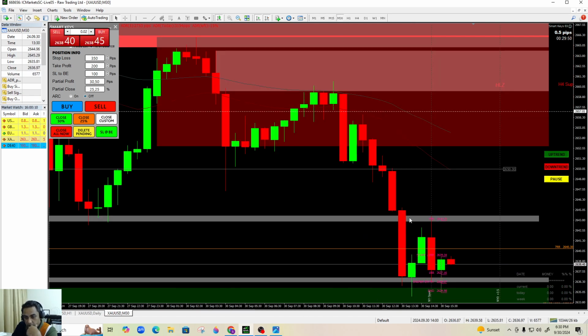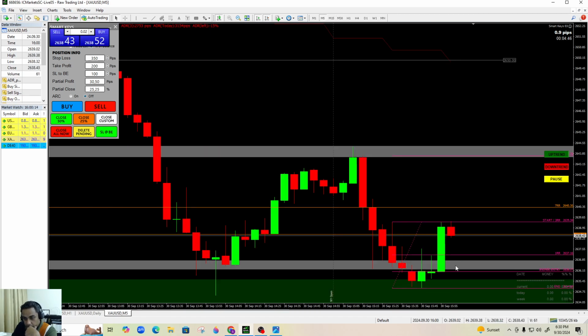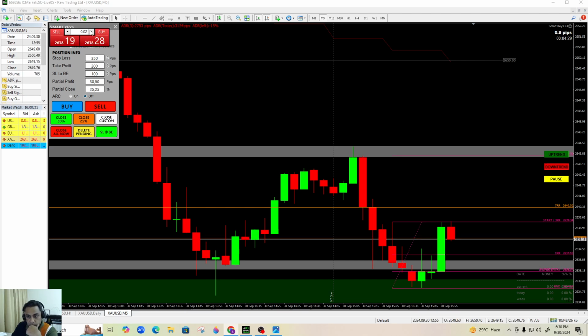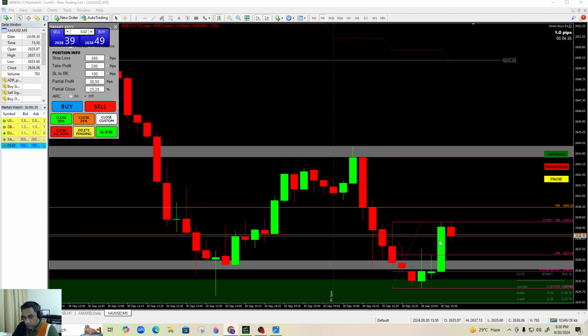The M30 closed like that. Let's see if we pull back here.